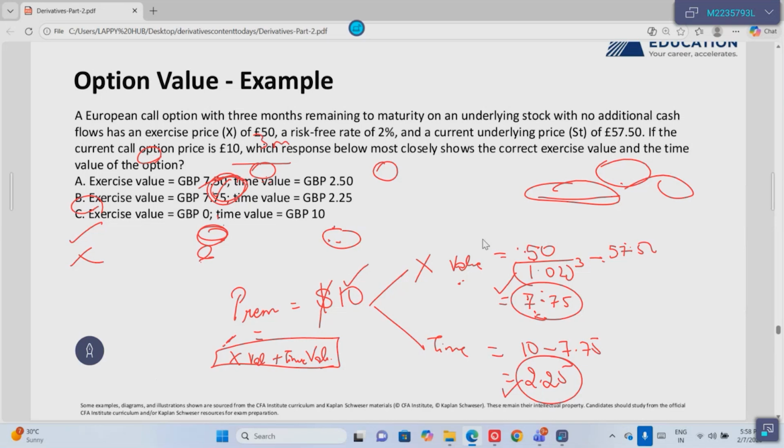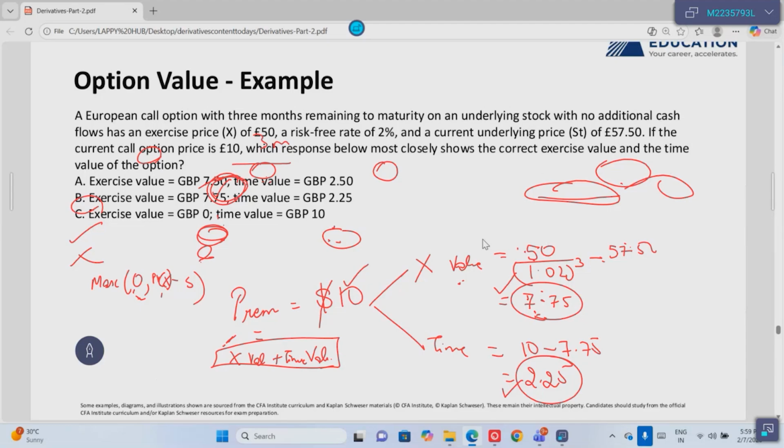No, how can you get 10.37? What is the exercise value formula? It is the max of 0 or X minus S, right? Because this is a put, I will take the present value of X minus S. So it is either 0, you can't get minus, the answer can't be minus.